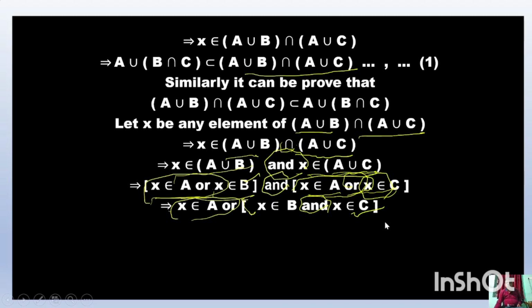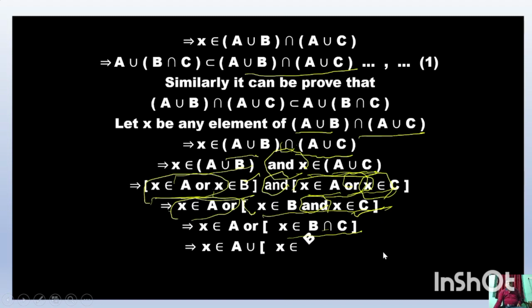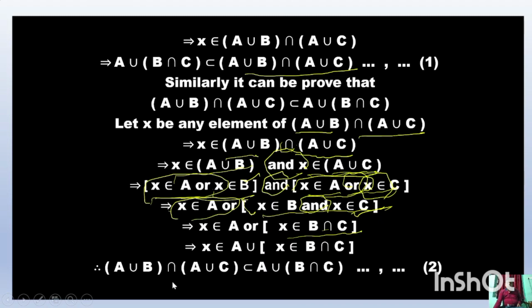X belongs to B and X belongs to C means X belongs to B intersection C. Thus X belongs to A union B intersection C, and it is clearly understood that A union B intersection A union C is a subset of A union B intersection C.